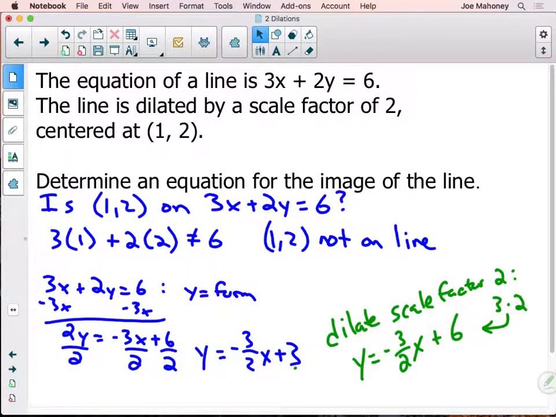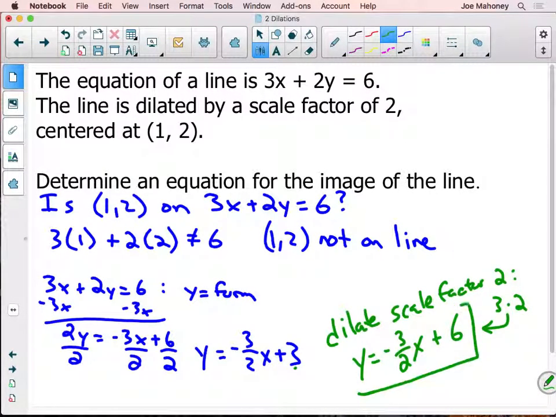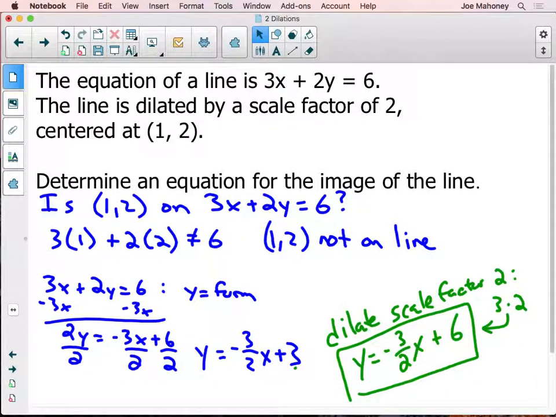The scale factor is 2, so I multiply the 3 and the 2 to get 6. So this is the equation of the dilated line. This is the answer we're looking for. So the process: is the point on the line? If it isn't, come up with the parallel line.